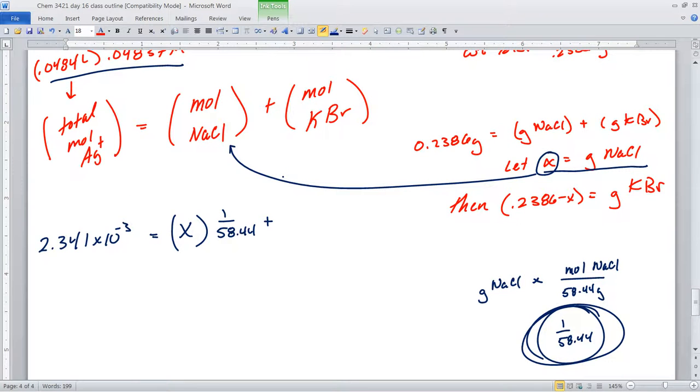Do the same now with the potassium bromide. But that grams is 0.2386 minus x. I have to divide that by the molar mass of potassium bromide. Potassium is 39.098. Bromine is 79.904. About 119.